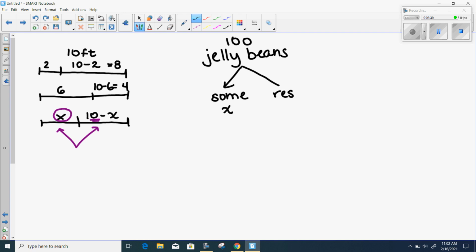The rest of them that are still in the bag would be represented by the 100 jelly beans I started with, minus the x that fell on the floor. That pair of expressions is x and 100 minus x.